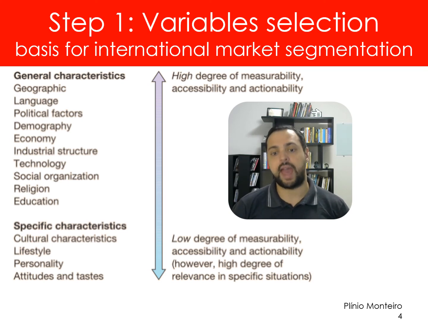So here we have a challenge. You can move to general characteristics, and then when you move to the customer segments in the next stage, you can have countries that will be very similar, so it will be very hard for you to find some differences in terms of customer behavior.